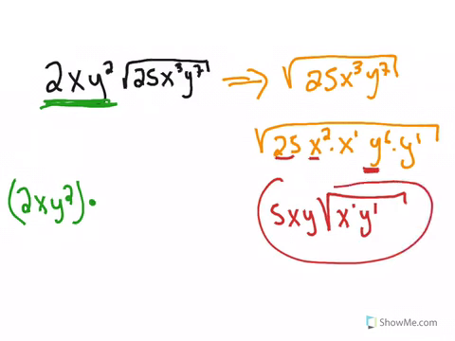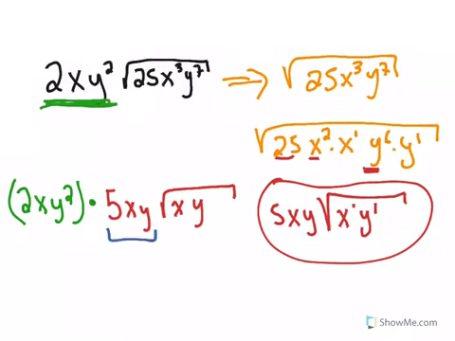Now I'm going to take this and write it. So what came out? 5xy square root of xy. Now, whatever came out will be multiplied times whatever was outside.